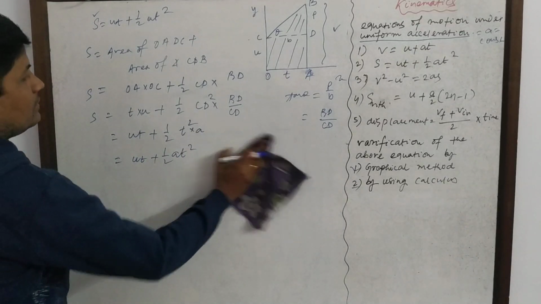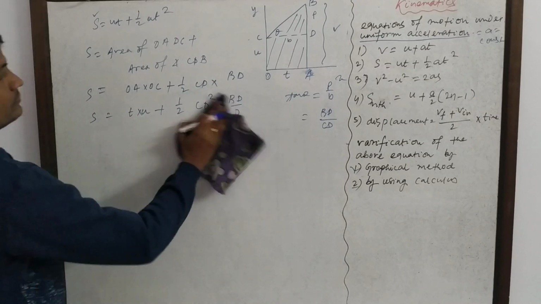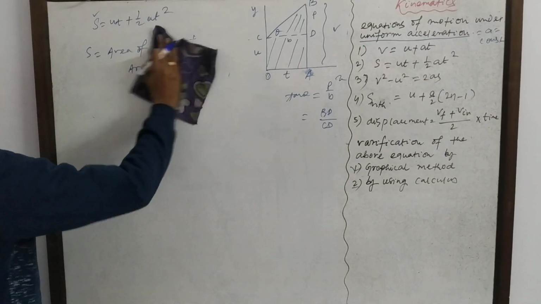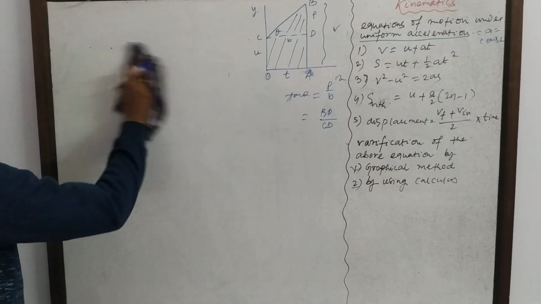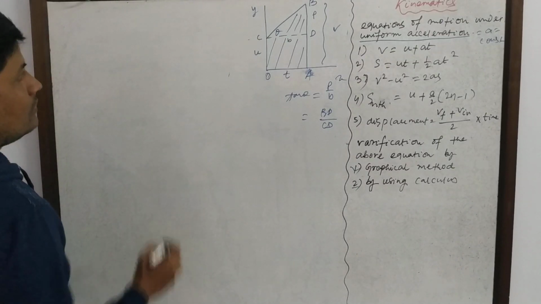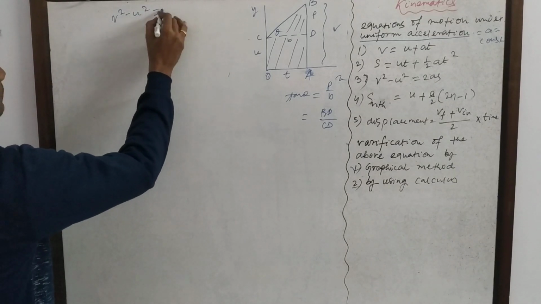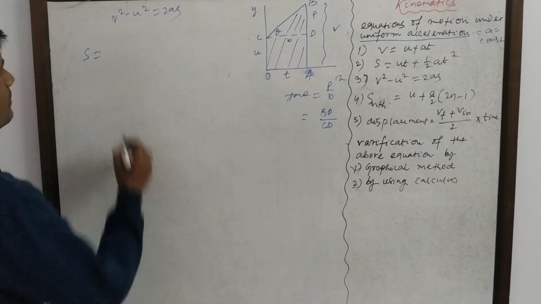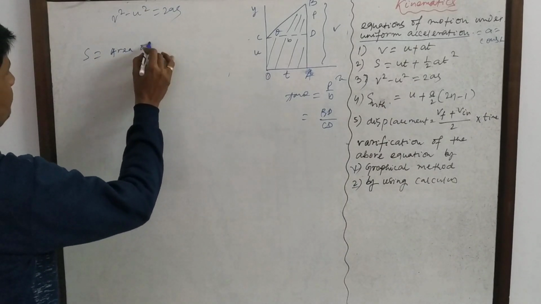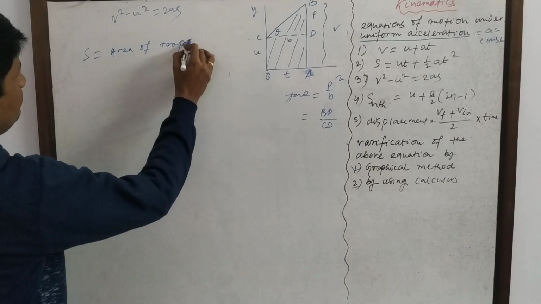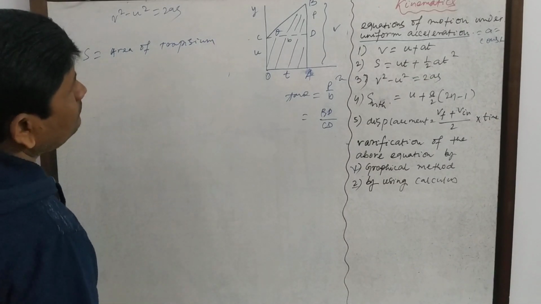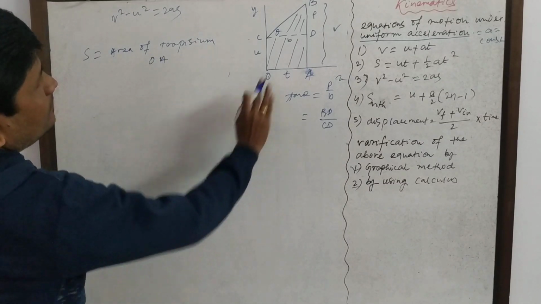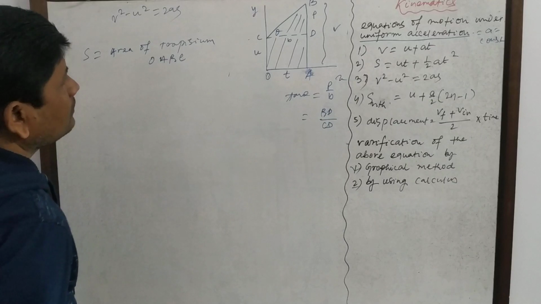Now the third equation is v square minus u square is equal to 2as. We know s is equal to the area of trapezium OABC.